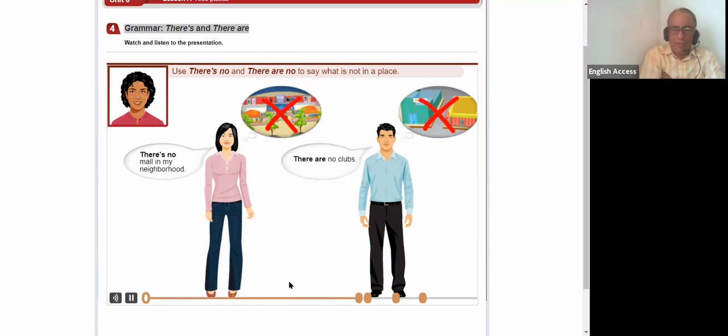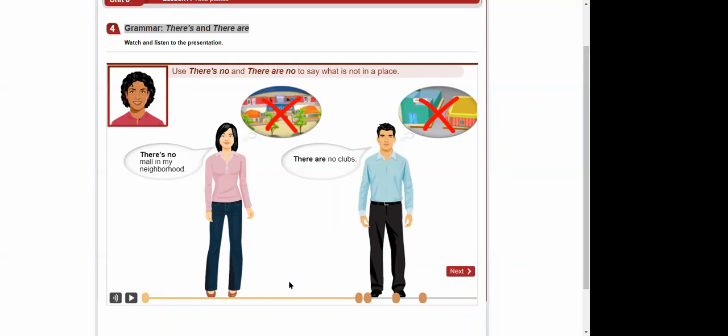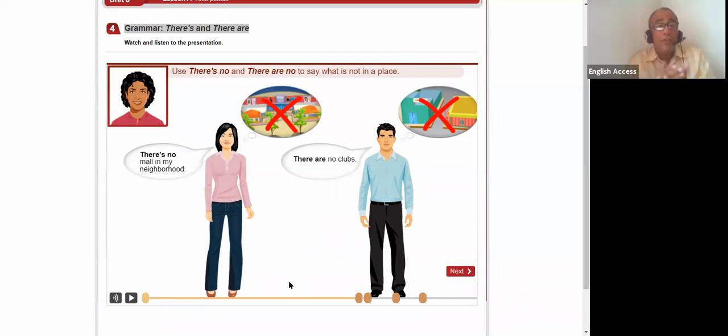Okay, there is and there are for affirmative. There's no for negative, or there are no for negative. One is for singular, one is for plural. For example, Francisco and Fatima. Think about the place you live, your neighborhood, or maybe the street you live, o la calle donde viven.